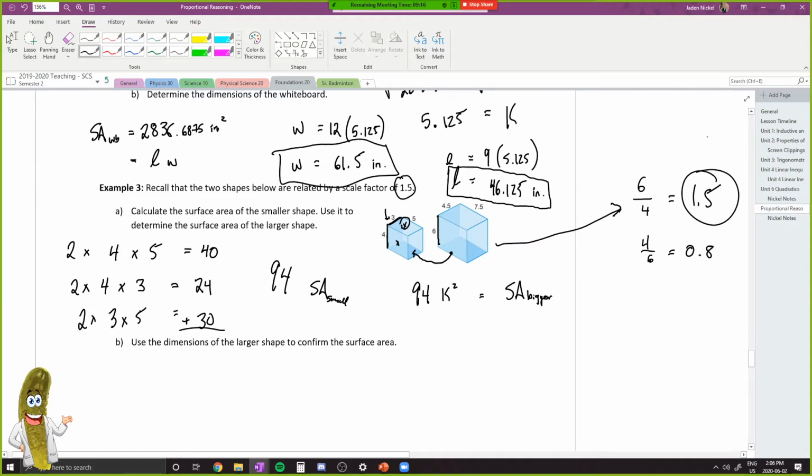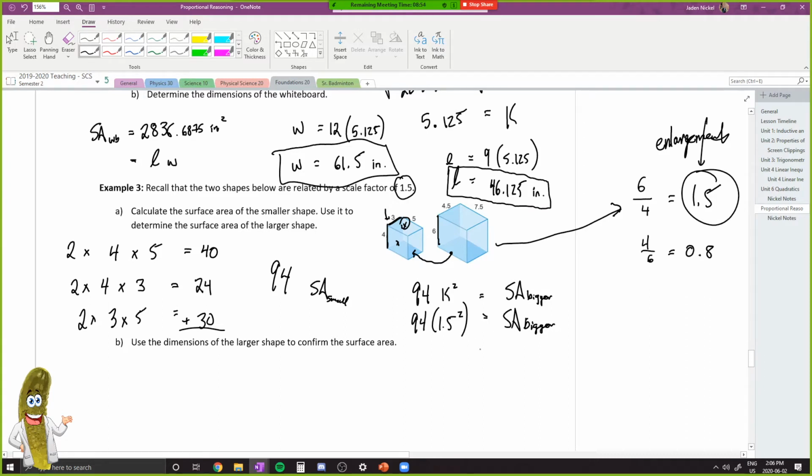Again, we chose this 1.5 value for our scale factor instead of the 0.8, which means that we are doing an enlargement. We're getting bigger. So I take 94, plug in 1.5 and square that, and then we'll get the surface area of the bigger shape.